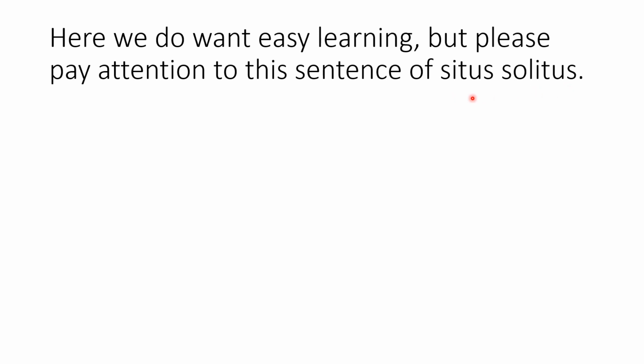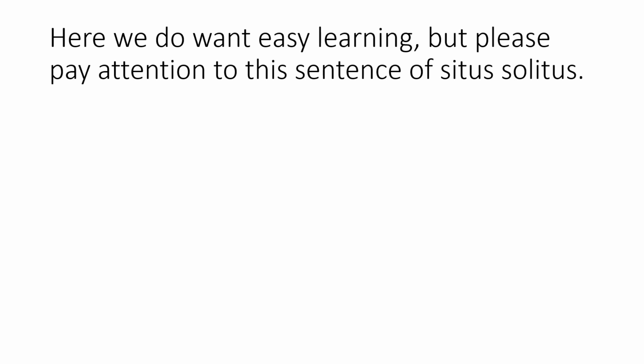Easy learning, but situs solitus is a part of the examination where we determine the right side of the body. You know, your right hand is always at your right side, and left hand at your left side. But our organs inside the body are different. Maybe one in 10,000 people, 1%, the stomach is on the right side.